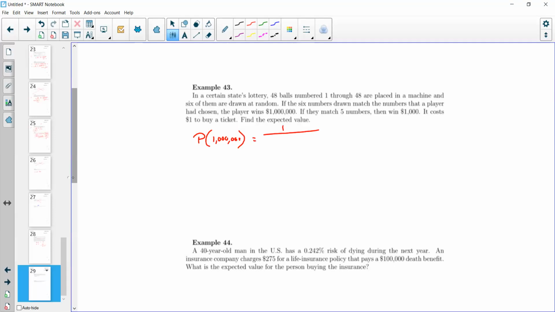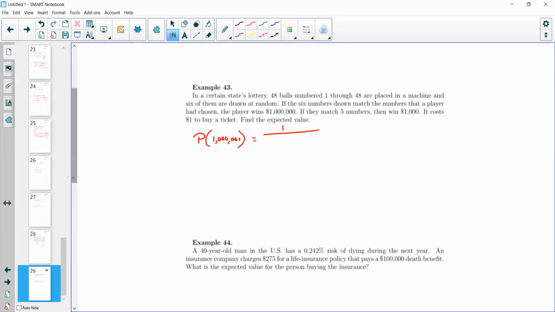In a certain state's lottery, 48 balls numbered 1 through 48 are placed in the machine, and 6 of them are drawn at random. If the 6 numbers drawn match the numbers that a player has chosen, the player wins $1 million. If they match 5 numbers, they win $1,000. It costs $1 to buy a ticket. Find the expected value. So I need the probability of winning it.